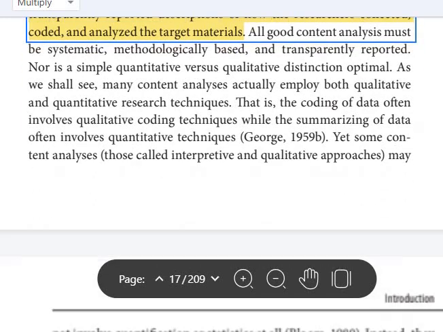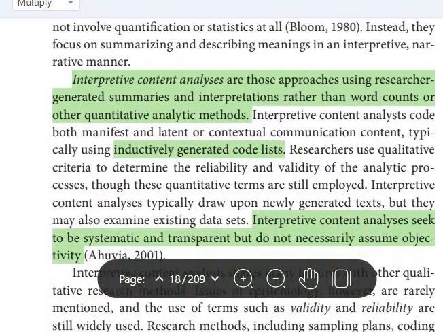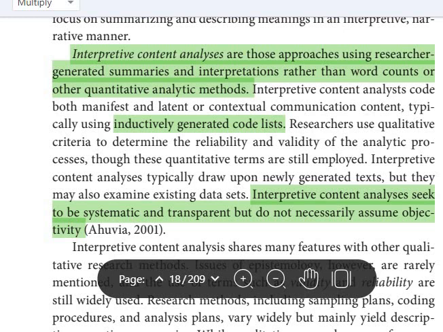Let's go to the next page. Here it says, about the interpretive content analyses, which is the second one we're discussing now. Those are approaches using researcher-generated summaries and interpretations rather than word counts or other quantitative analytic methods.